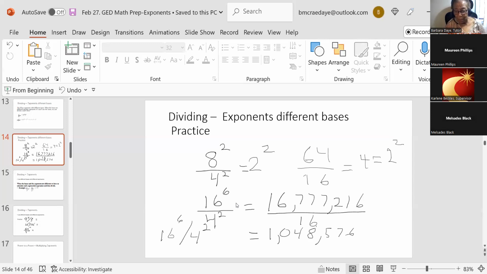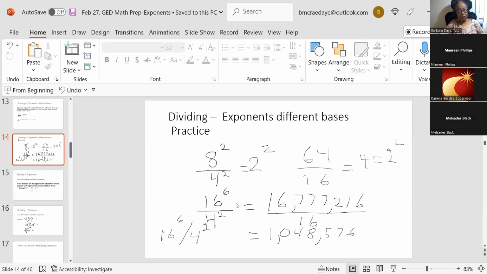Questions? So now you know how to divide with exponents. You subtract only when you have the same bases.